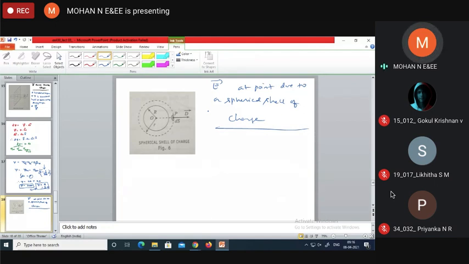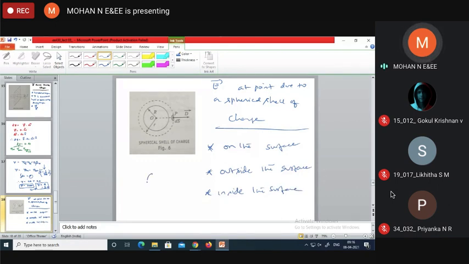And we have to find the intensity at three points: one on the surface, next outside the surface, and inside the surface.